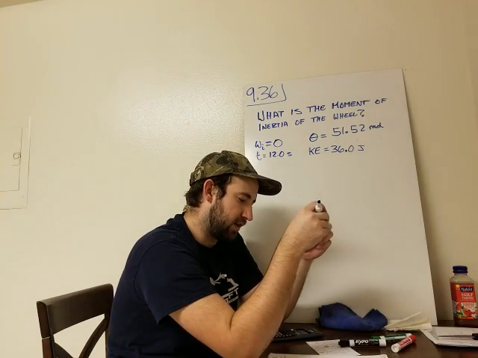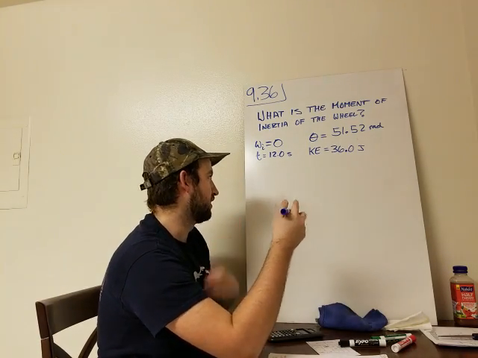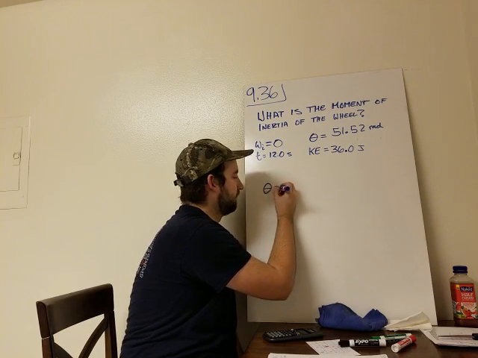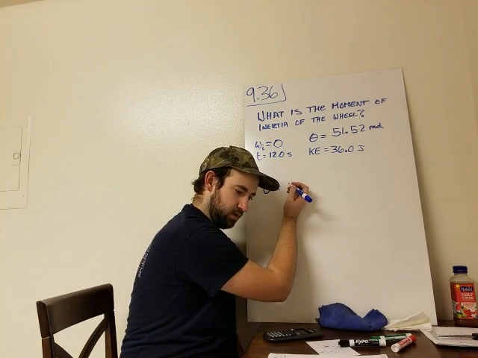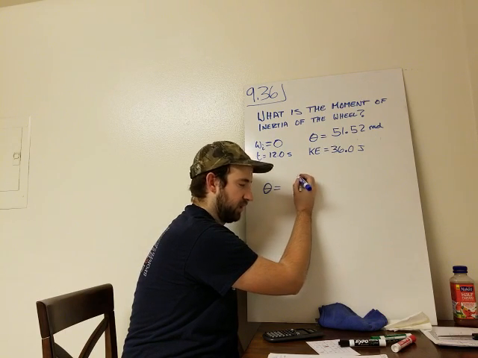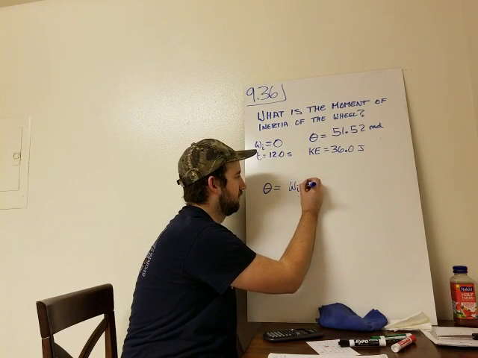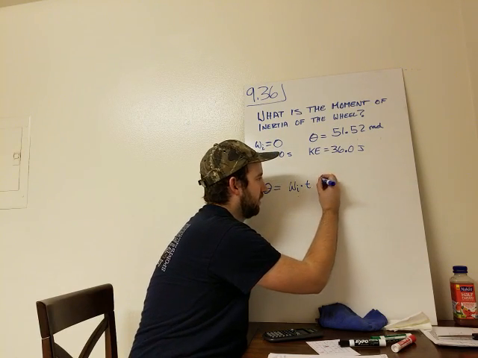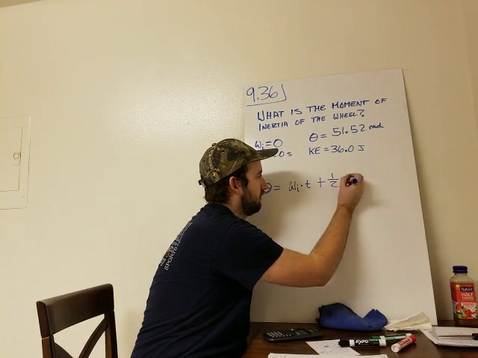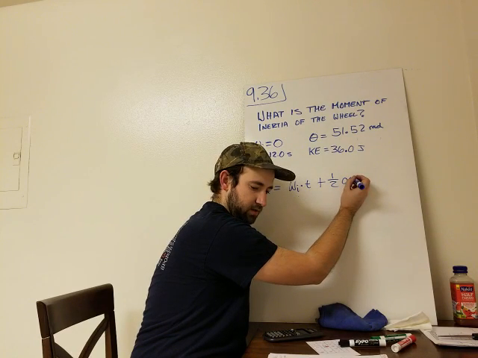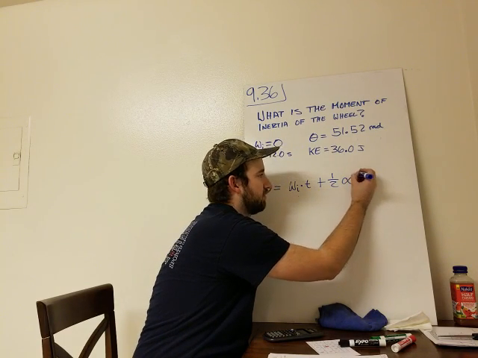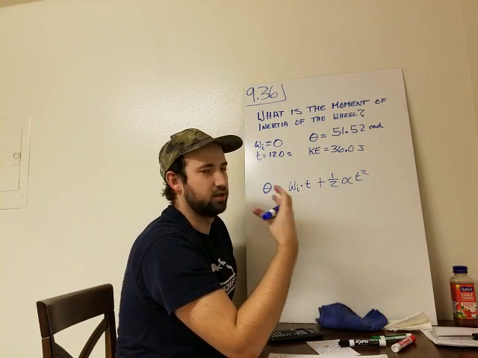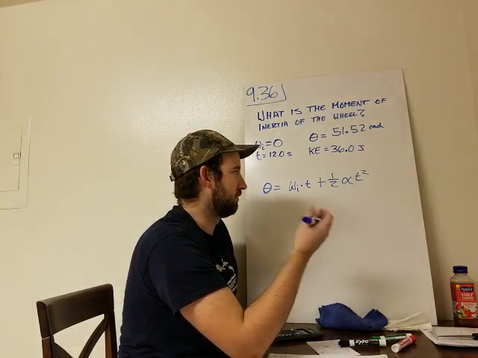To do that, we can use one of our kinematic equations that says the angular displacement is equal to the initial angular velocity times time plus 1/2 alpha t squared. Of course alpha is the angular acceleration, t is time.